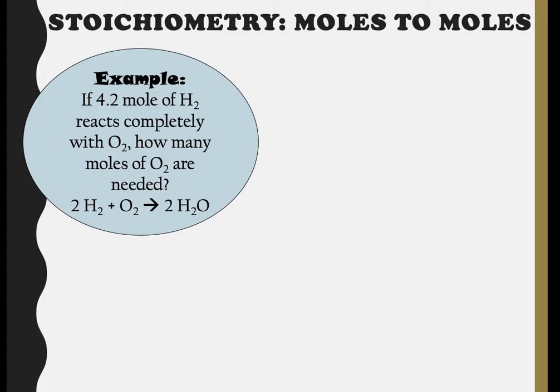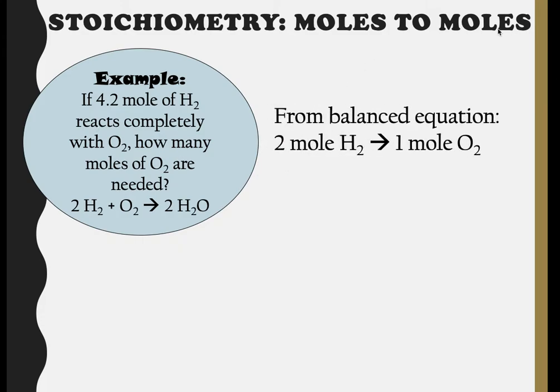And when I look at the equation, I can see that it takes 2 moles of hydrogen for every 1 mole of oxygen. Now, the way that I set this up is the exact same process we did in chapter 3 when we first started doing conversions.